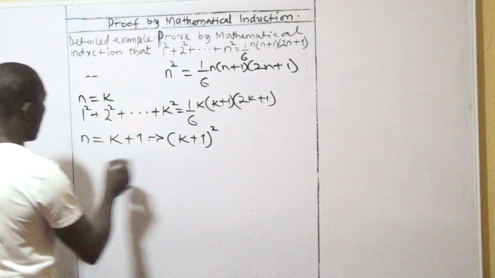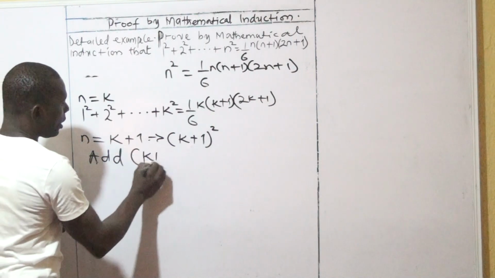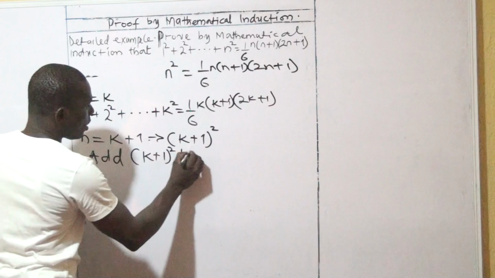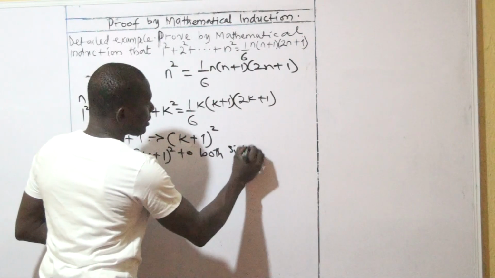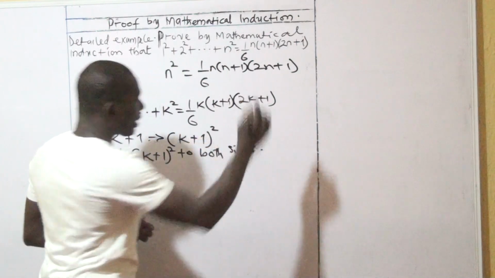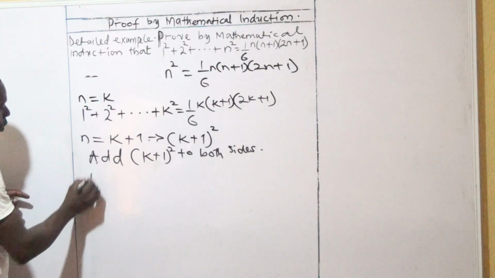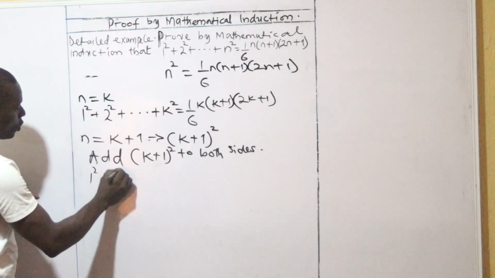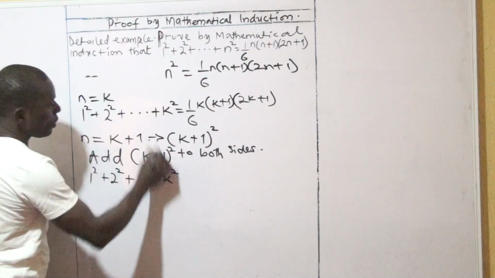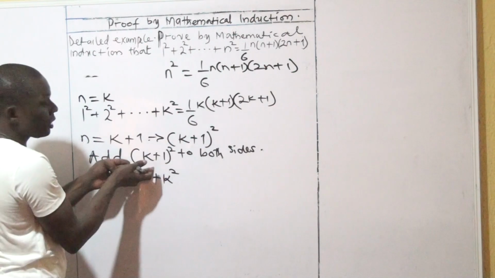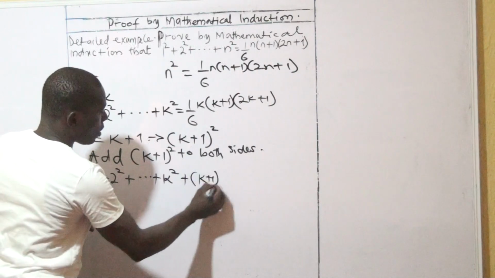So what we need to do is add k plus 1 all square to both sides. Here it becomes 1 square plus 2 square plus dot dot dot plus k square, which was there before, and we're adding this quantity, k plus 1 all square.